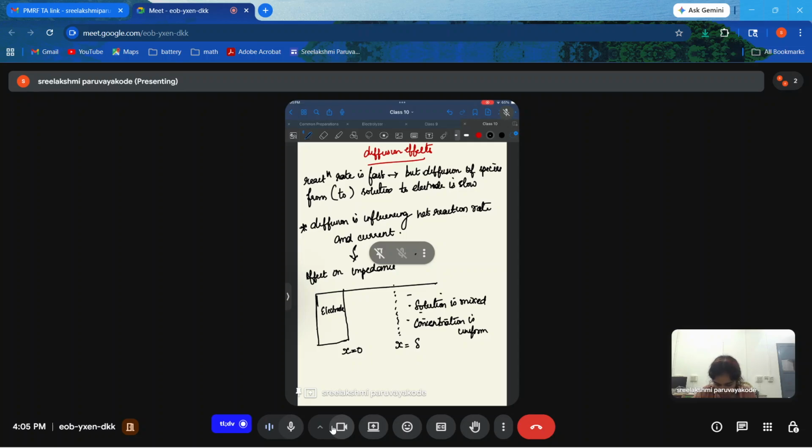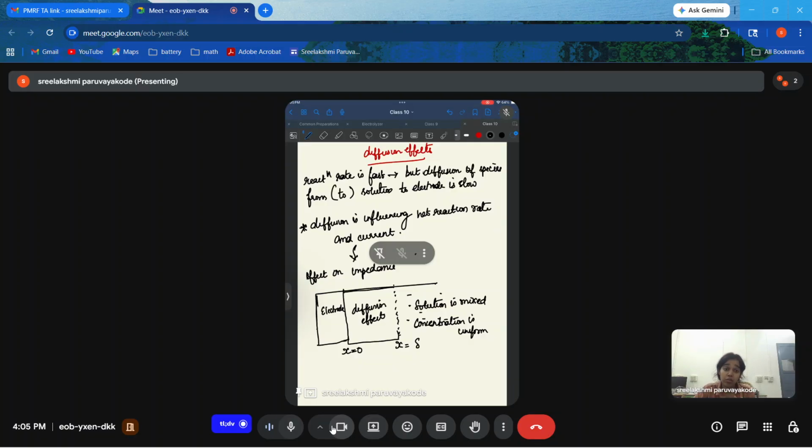In case of RDE, this is called the boundary. It is in this region where we actually see a diffusion effect coming into play, and you will see that there is a gradient or a change in the concentration.